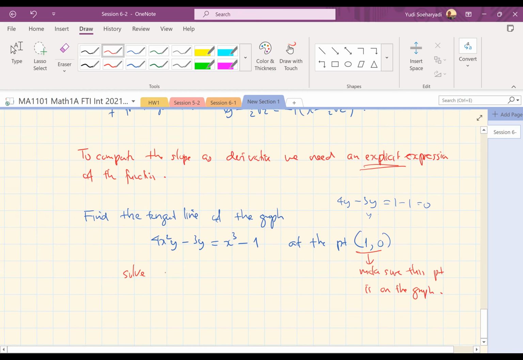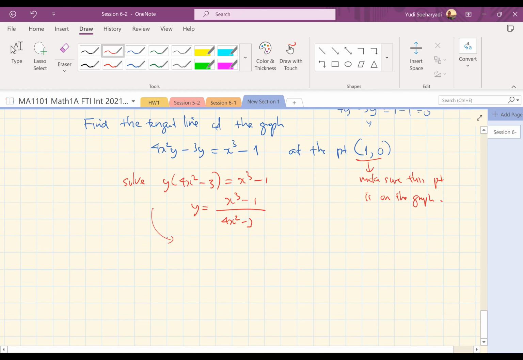You can factor out the y. Okay, and you have this. So you still can solve this one. And you still can find the slope. You have x equals 1.